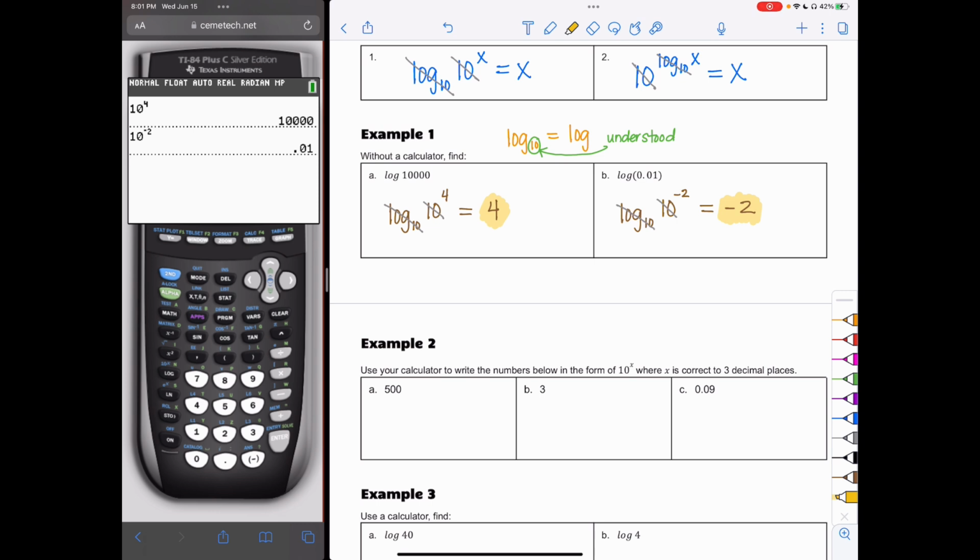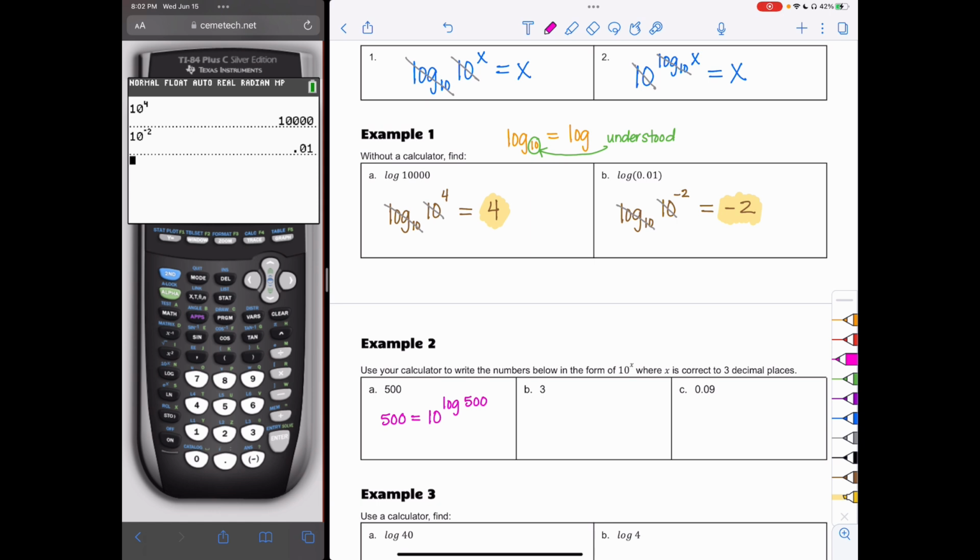If I look at part A, we want to rewrite 500. Well, I know that 500 is equal to 10 to the power of log of 500. Remember, anytime we do not have our base written on the log, it's an understood 10. So I know that the 10 and the log base 10 will cancel out.